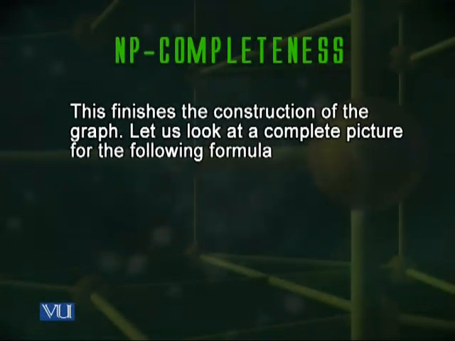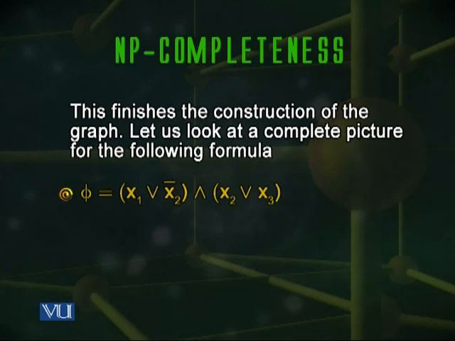Let us look at a complete picture for the following formula. So here on the screen, you have a Boolean formula phi, which is given by these clauses and variables. And what we want to do is look at a complete graph that would be made using this recipe or description that I have just given you.